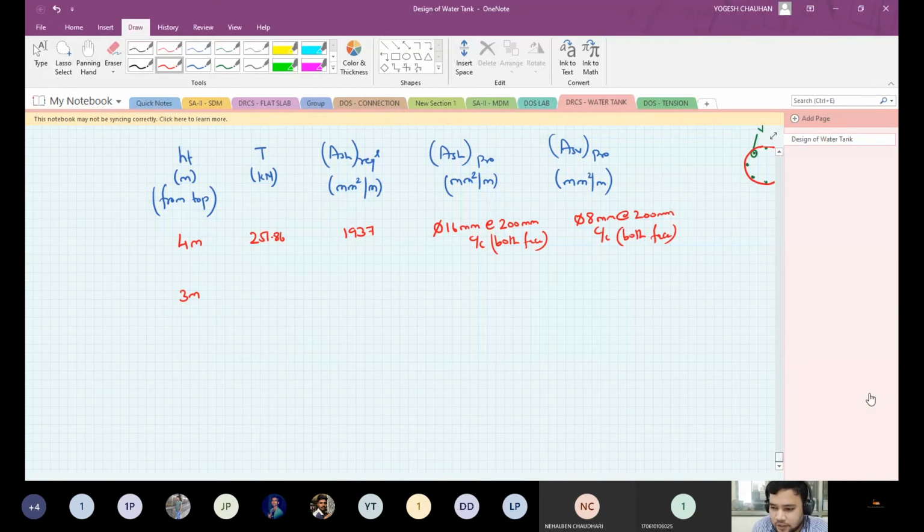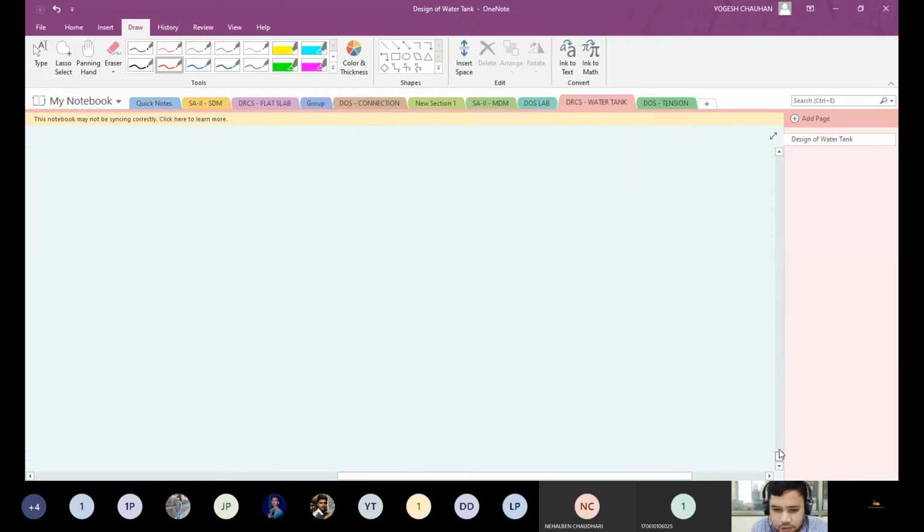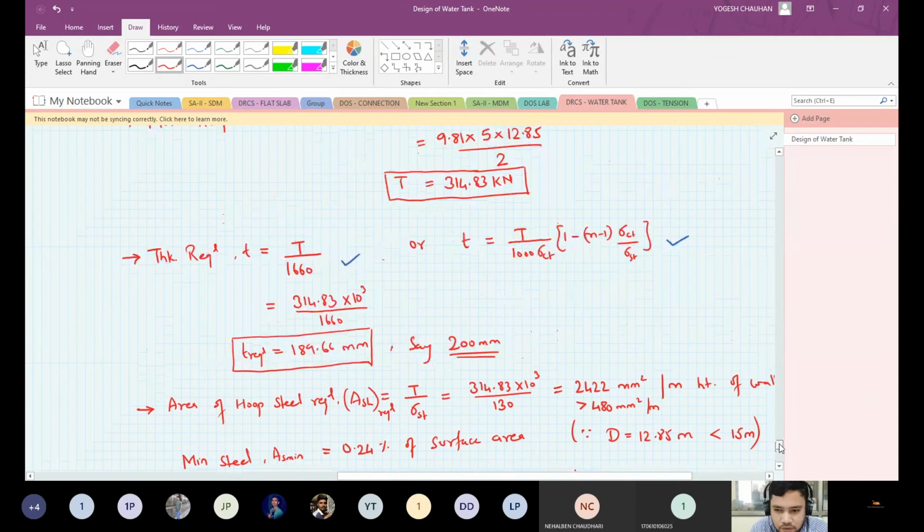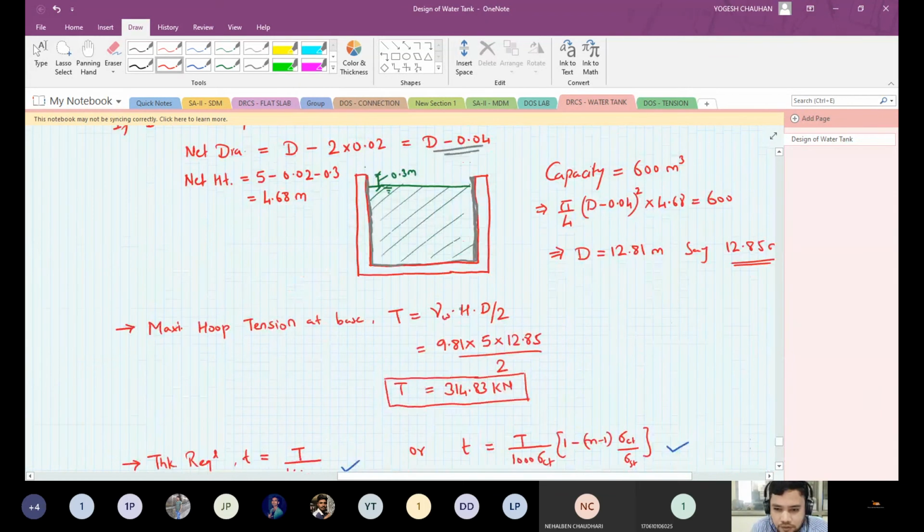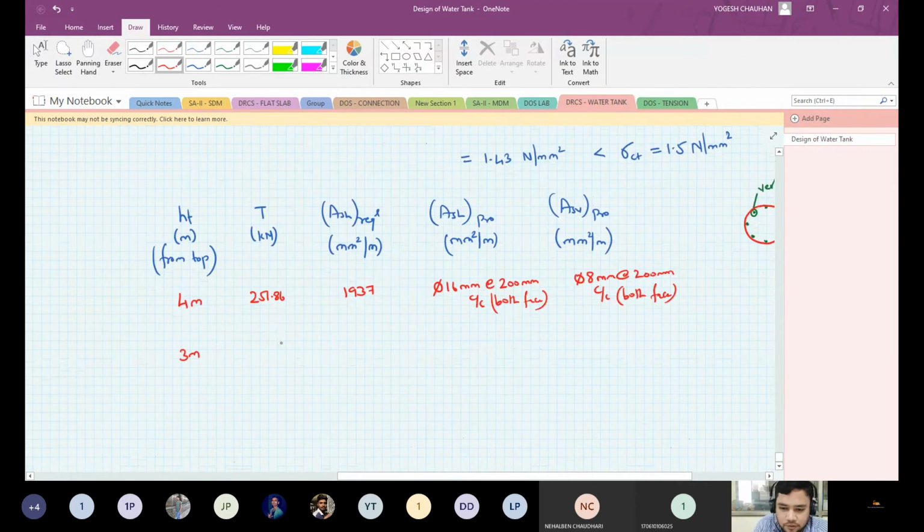Okay, so at 3 meter height, you can again find the amount of the tension from this. You just change this height to 3 meter, you will get the tensile force. Using this formula at different heights you can find it.